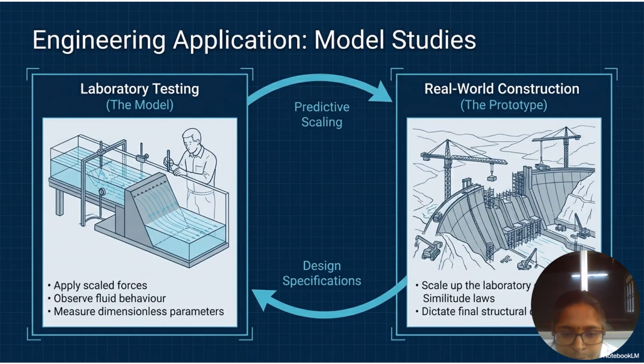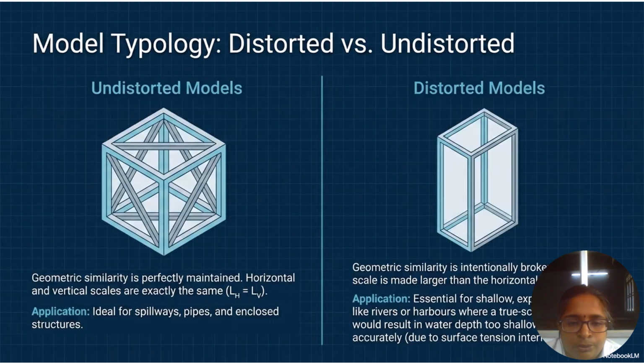And in real-world construction, that is a prototype, we have to scale up the laboratory models, and follow similitude laws that dictate final structural implementation. So this is with regards to applications.